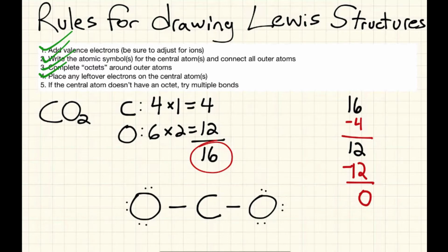What does it mean to try multiple bonds? It means to shift electrons around from your diagram to satisfy the element that doesn't have an octet. And so here's one thing I can do. I can notice that I've got a pair of electrons right here on the oxygen atom. Now I have many other pairs. It is arbitrary that I'm choosing this one to talk about right now, but I can see it there.